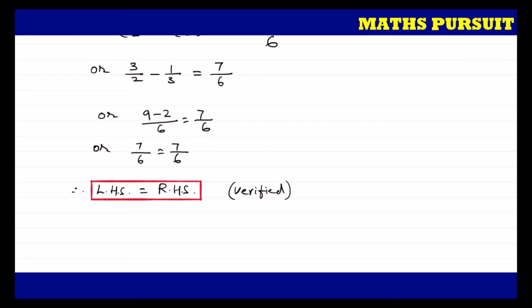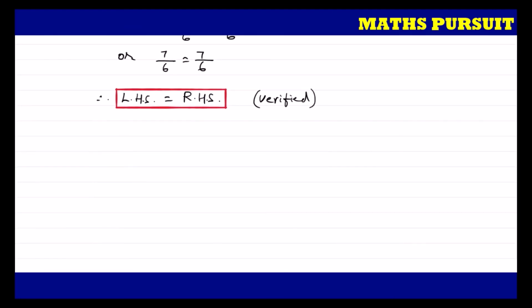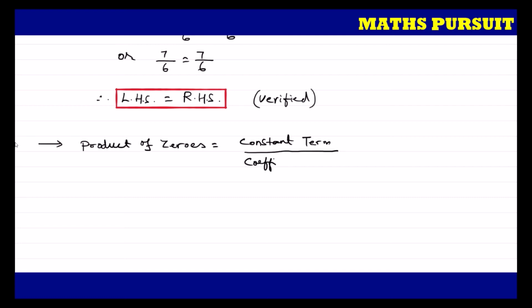After verifying the sum of zeros, let us now verify the product of zeros. We know that for the product of zeros there is again a formula. The product of zeros is equal to the constant term upon the coefficient of x².